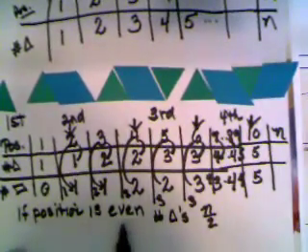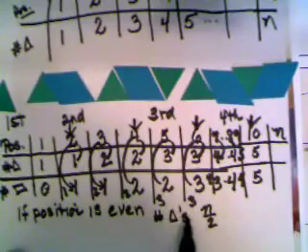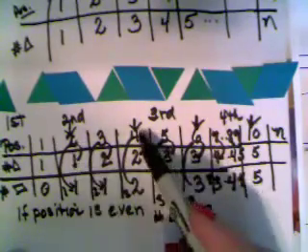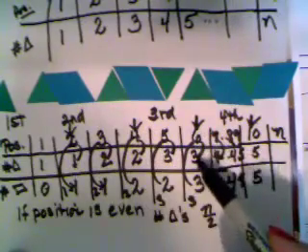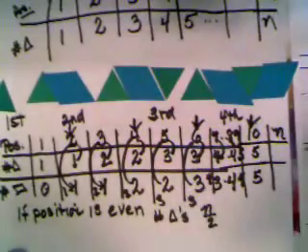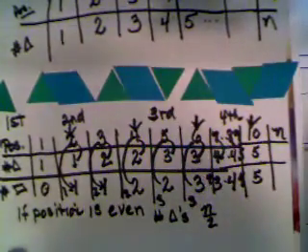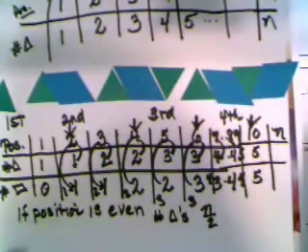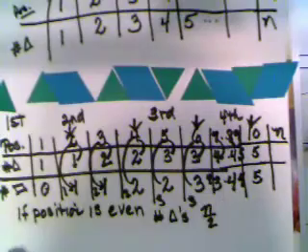So if the position is even, the number of triangles is half that. So 2 to 1, 4 to 2, 6 to 3, 10 to 5. So if I said, how many triangles are there in the 100th position, then you know that there would be 50. It would be half of 100.